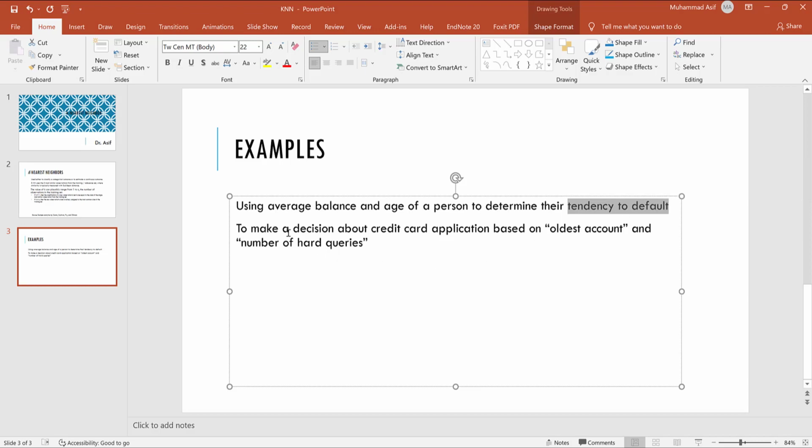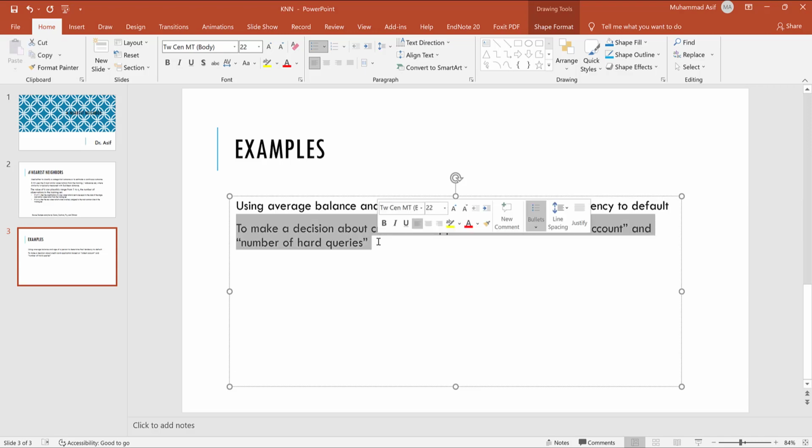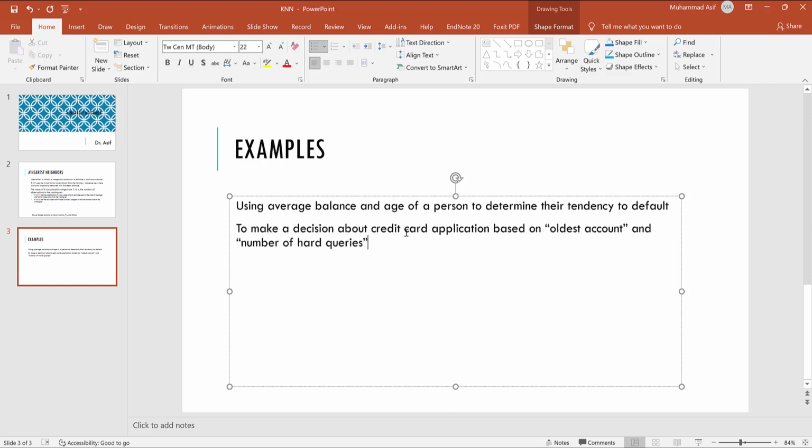Another case could be where someone has to make a decision about a credit card. So someone applies for a credit card, and let's say we have two criteria to make a decision about approving or rejecting the application. One is oldest account, which means how old the account is, and the second is the number of hard queries.